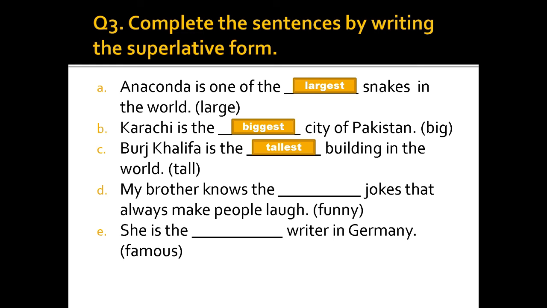My brother knows the funniest jokes that always make people laugh. Funny will become funniest. So now you can see the E part. She is the dash writer in Germany. Famous, and now we have to change this famous into superlative form. Most famous. She is the most famous writer in Germany. So class, you have to do this question this way. You have to change the positive form into superlative form in each sentence.